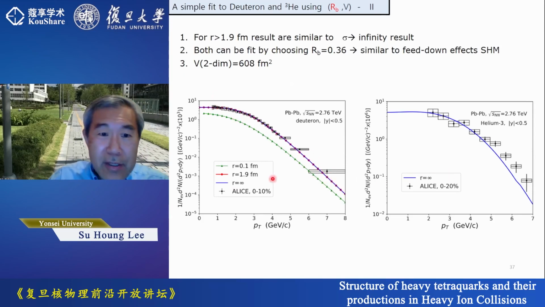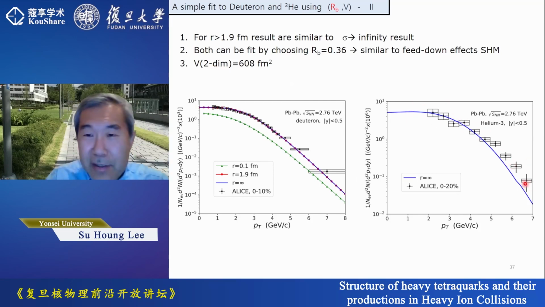And with the same RB factor and coalescence volume, the helium-3 data is more or less okay, although it underestimates the data at larger PT.